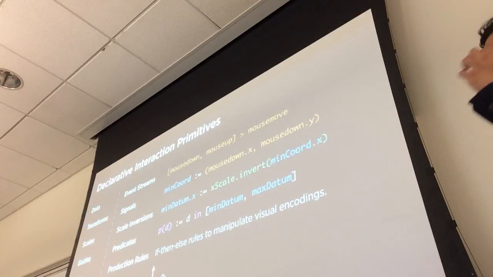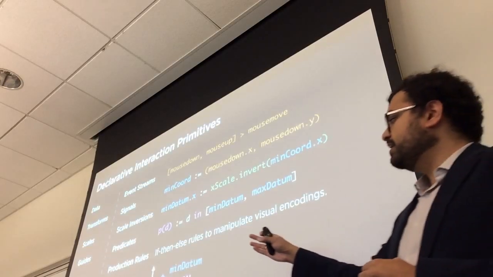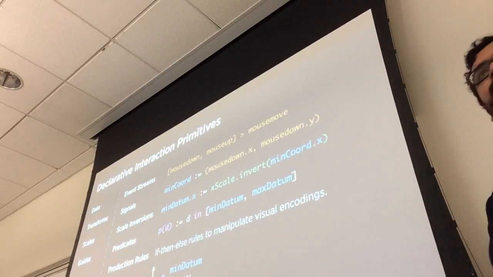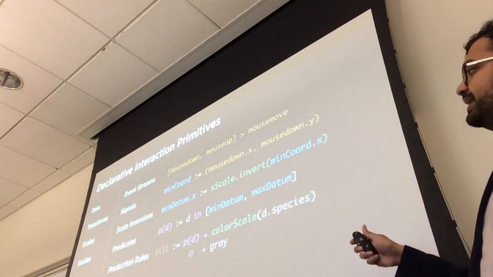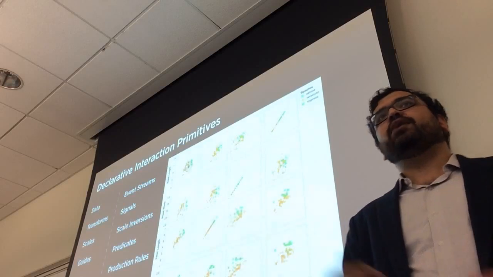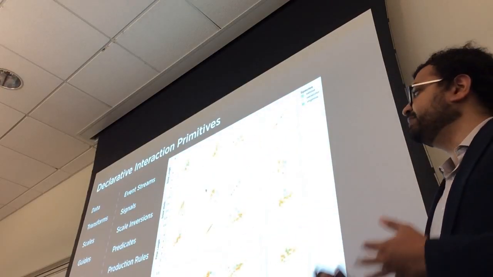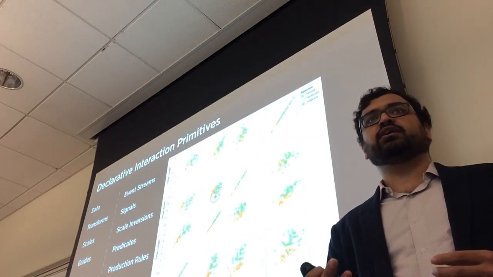That happens with these simple if-then-else rules called production rules. So we could say, for example, the points that fall within that region, color them in gold. And for all the other points, leave them gray. And that's the basic setup that we need to get our brushing and linking example from earlier, but now constructed entirely just through the composition of these declarative building blocks, rather than writing any sort of imperative event handling code at all.